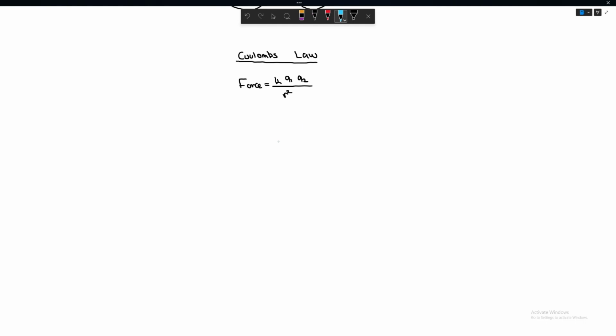Right? It says when you have a proton and you have an electron, there's a force. There's a force going this way and then it's going that way. Let's name this A, and let's name this B. This is force A on B, and this is force B on A. All right.